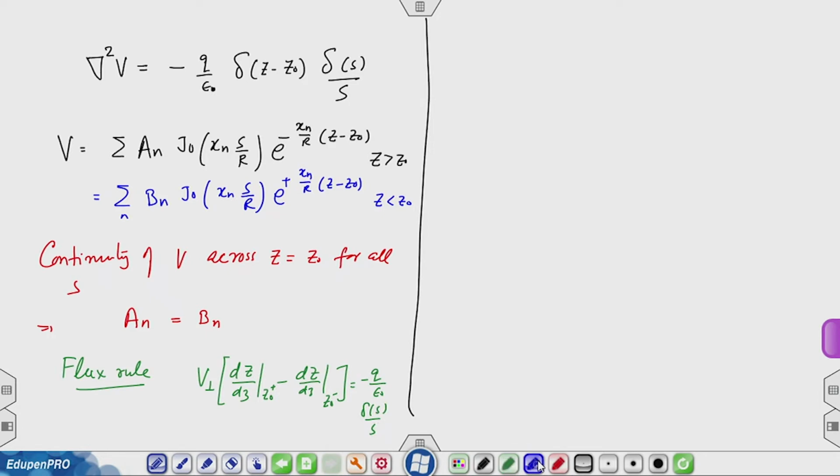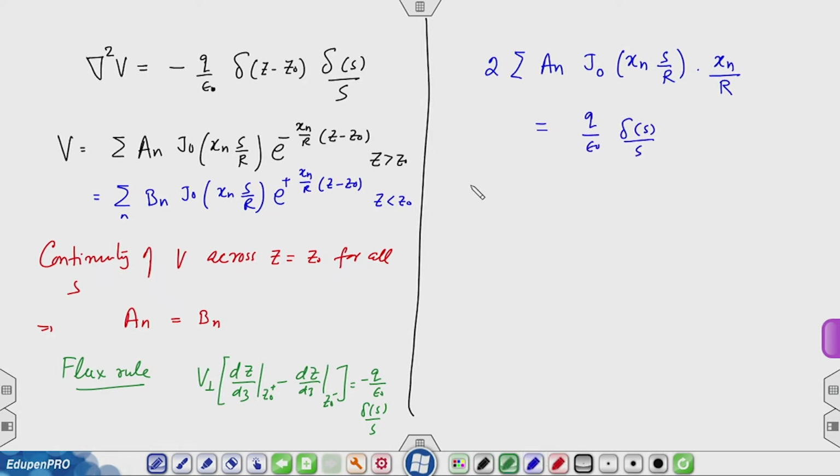Substituting, since a_n and b_n are the same, I'll get 2 summation a_n J0(x_n s over r) times x_n over r is equal to q over epsilon 0 delta(s) over s.